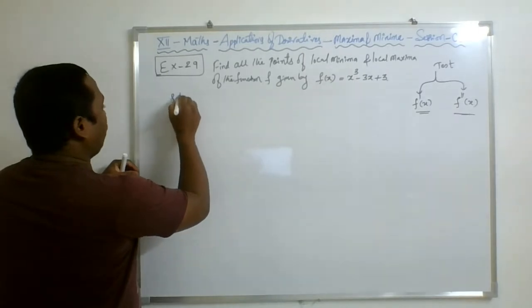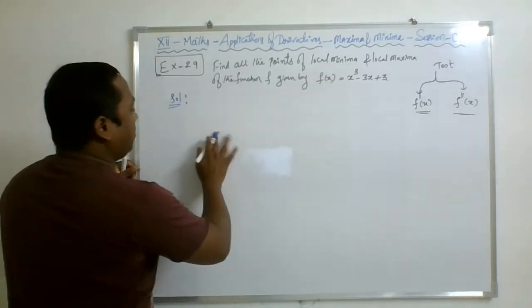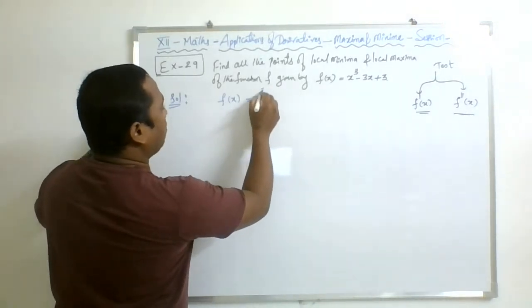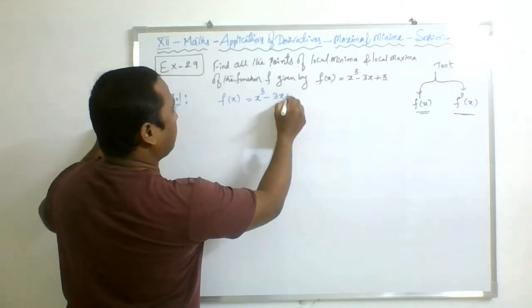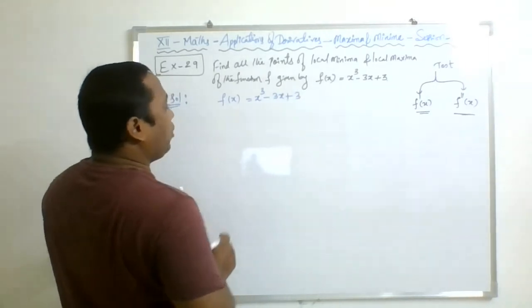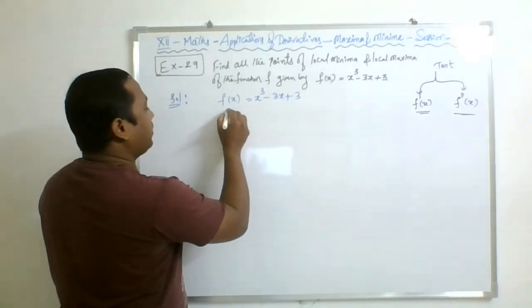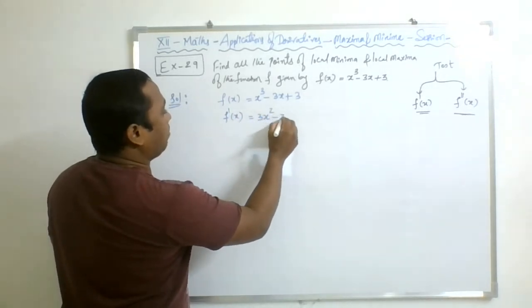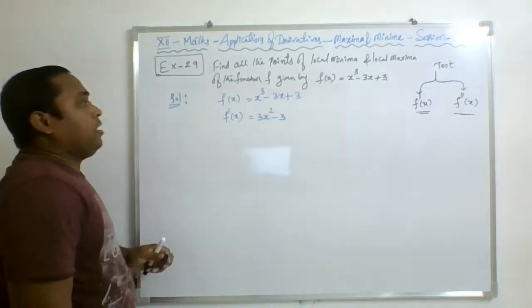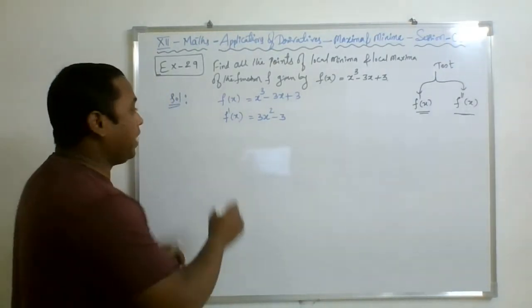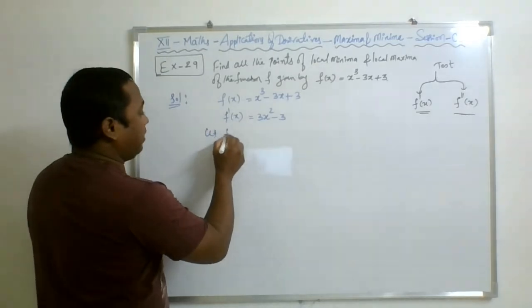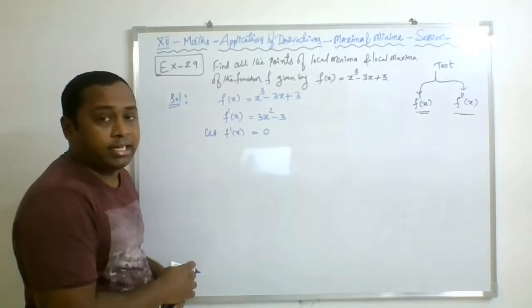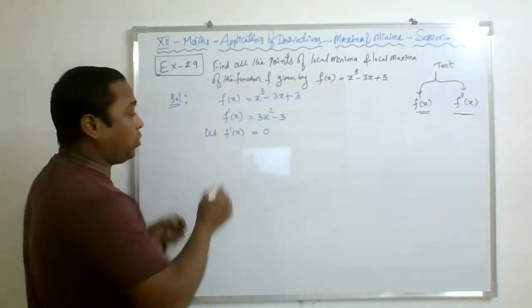To find the maxima and minima, first we'll take the function f of x is equal to x cube minus 3x plus 3. We'll take the derivative of this function, that is f dash x, which will give 3x square minus 3. Then we'll set the derivative equal to 0 for critical points or turning points.